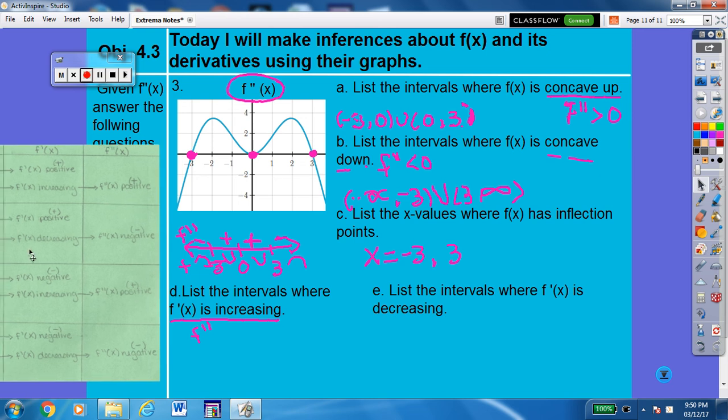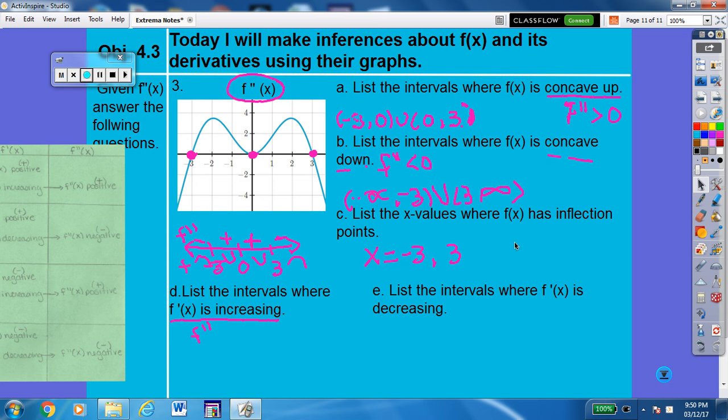And if f prime is decreasing, then the second derivative is negative. So by asking you to list the intervals where f prime is increasing, that's the same as asking where f prime is concave up, except they're using the word increasing, and increasing automatically means you use brackets. That's the only difference. Question D is essentially the same question as A. Our answer is going to be the same.